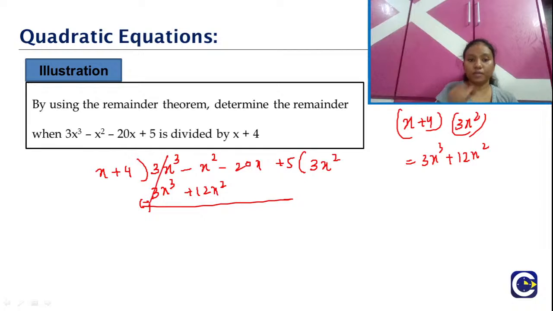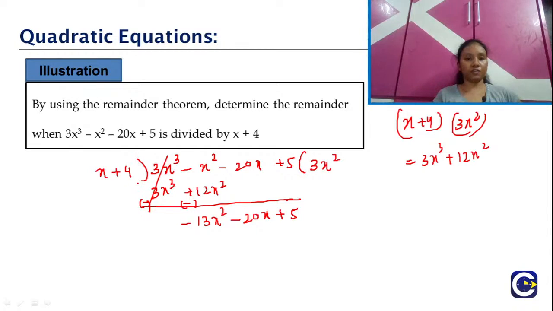Minus, so both will be eliminated. So here plus minus, so minus 13x square, and the remaining will be coming down, minus 20x and plus 5. So next, the next thing which we are having is minus 13x.